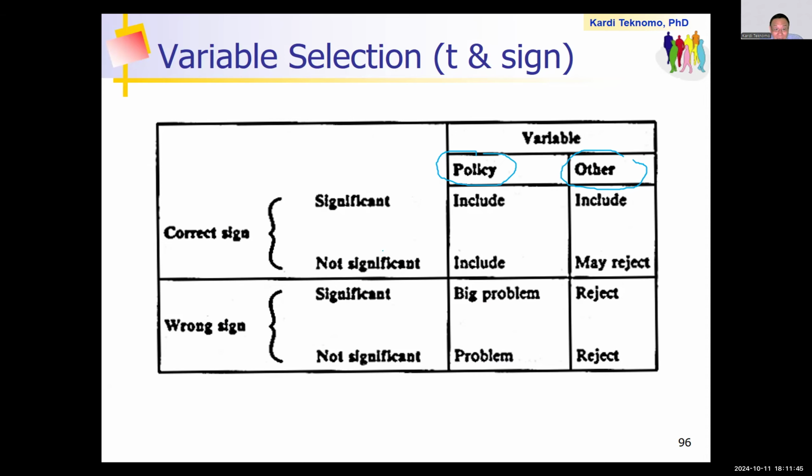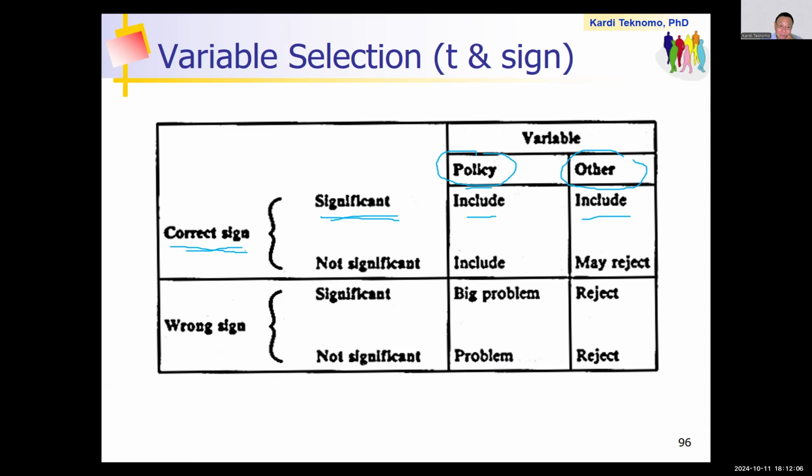Now, if your model has the correct sign, check the t-test of each variable. If the t-test is significant and it is a policy variable, then of course you need to include it. If it is significant and it is another variable, you include it also.